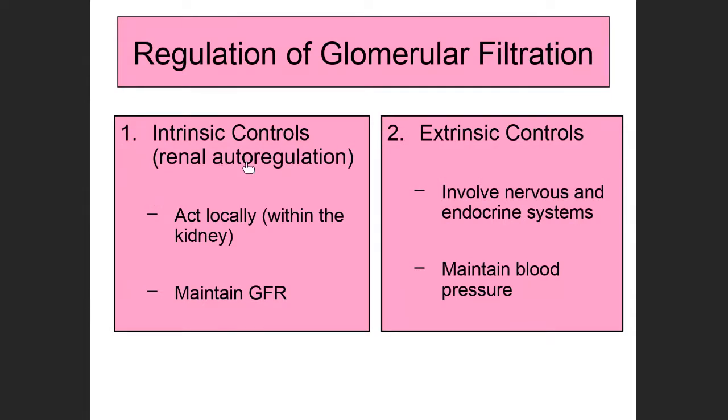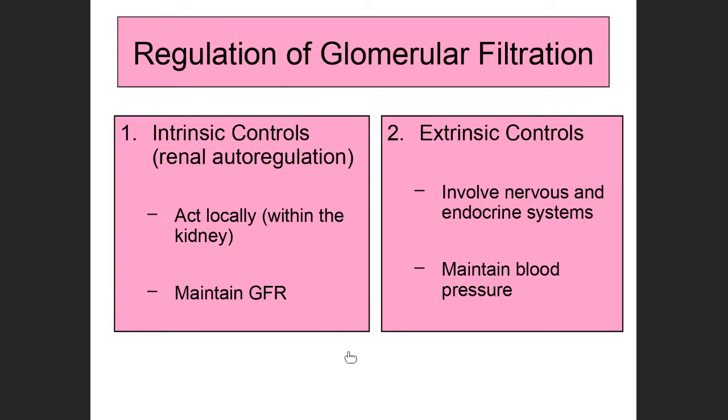Auto means self. Renal autoregulation is the kidneys basically regulating themselves and working to ensure that they are able to keep this glomerular filtration rate within the range that it needs to be.